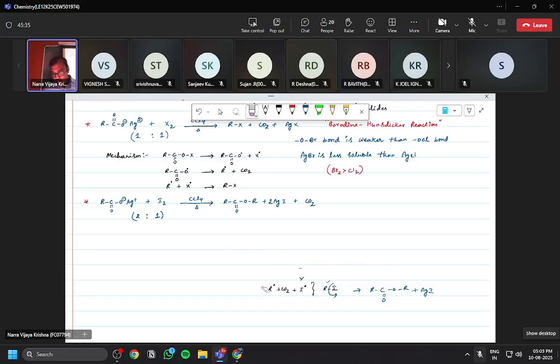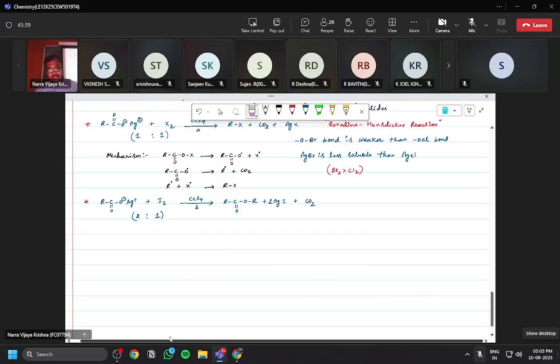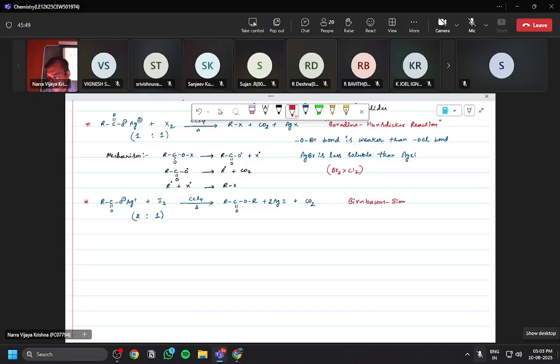If I take 2:1 molar ratio of silver salt of fatty acid and iodine, we call this reaction as Birnbaum-Simonini reaction.